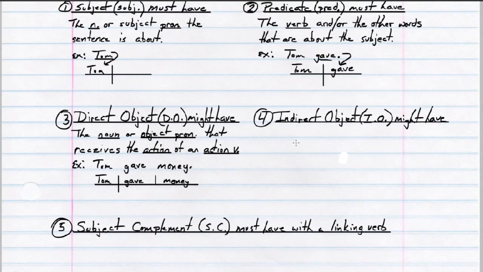Okay, the next one, indirect object, or the IO. This is also a might-have. We haven't really talked about this in any exercises yet, so this is completely foreign to you at this point.